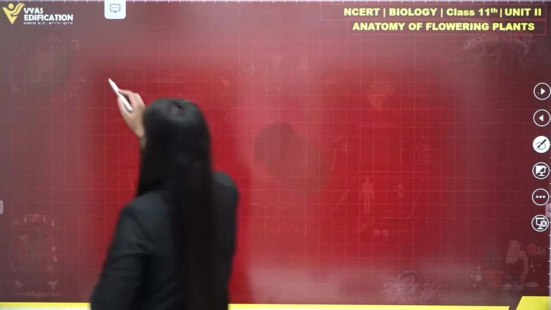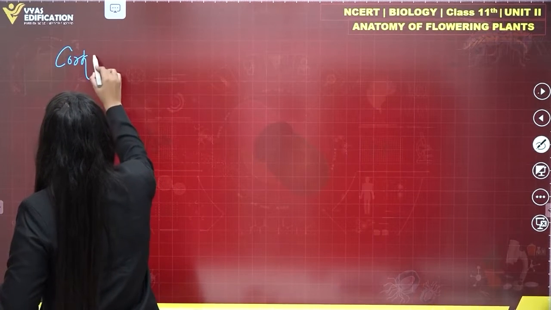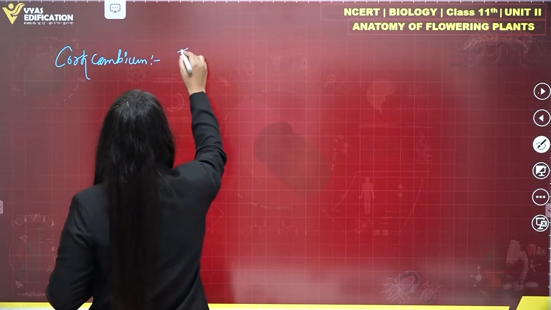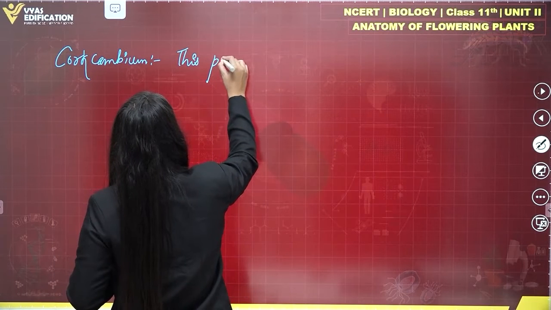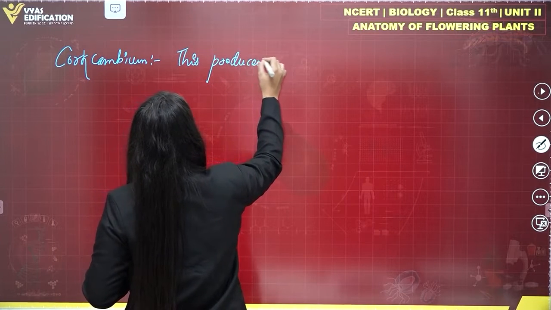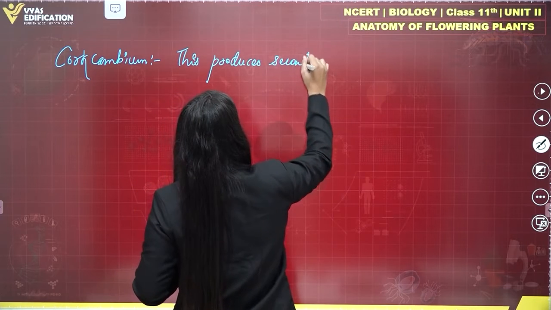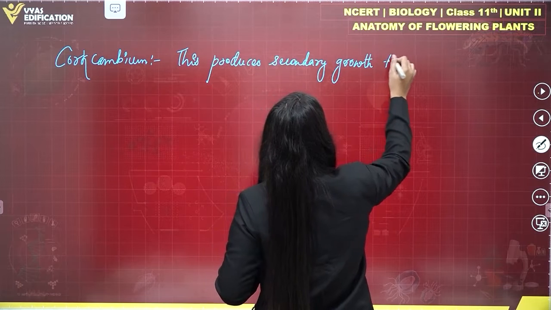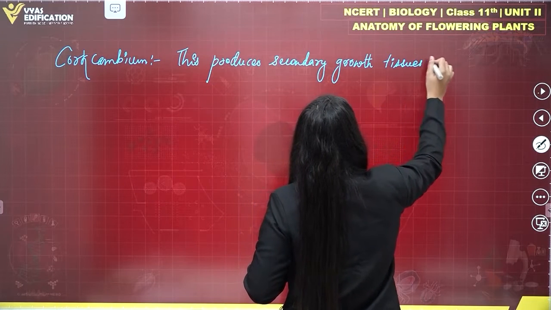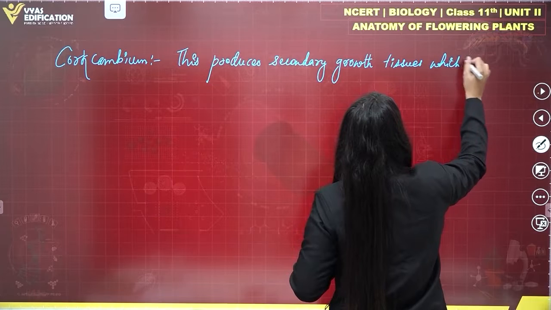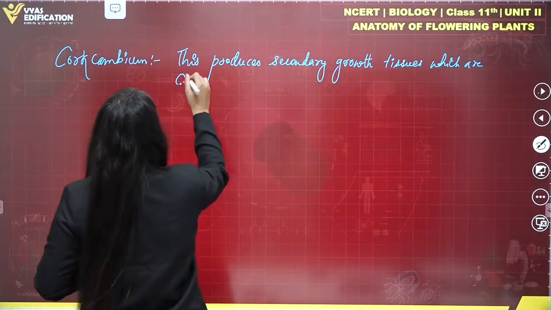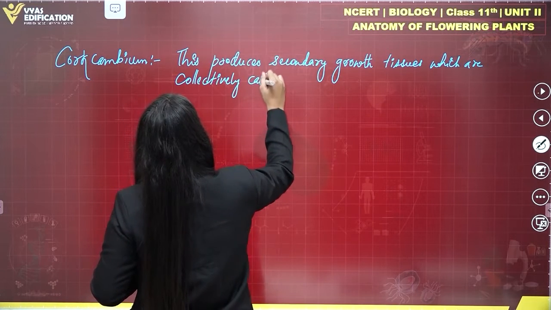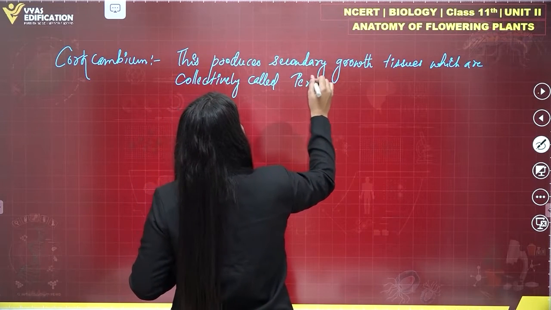So let's write Cork cambium. Now we know that this produces secondary growth tissues, which are collectively called periderm.